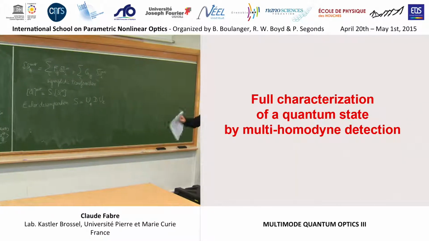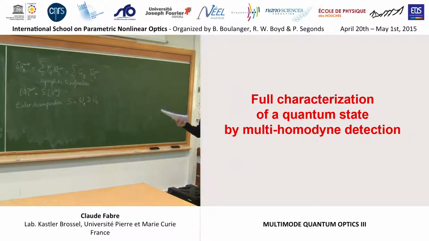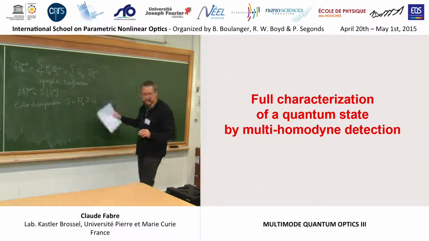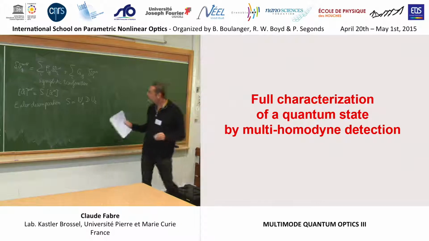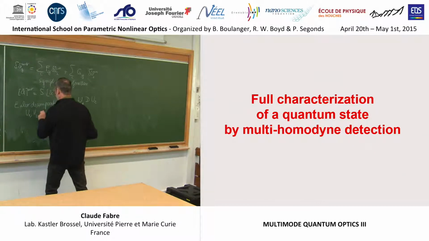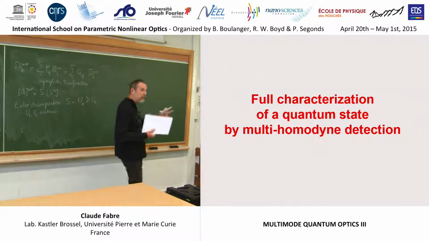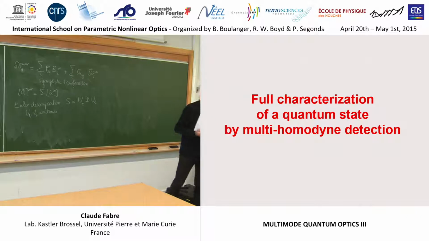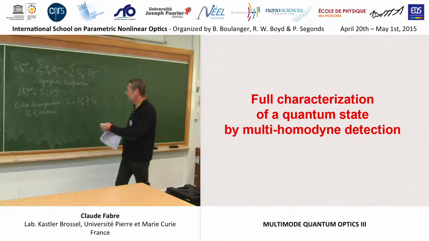This can be written for any S, and the way to write it is not unique. So U1 and U2 are unitaries, and you know that unitaries are the same as mode basis changes, even if it can be a real transformation.